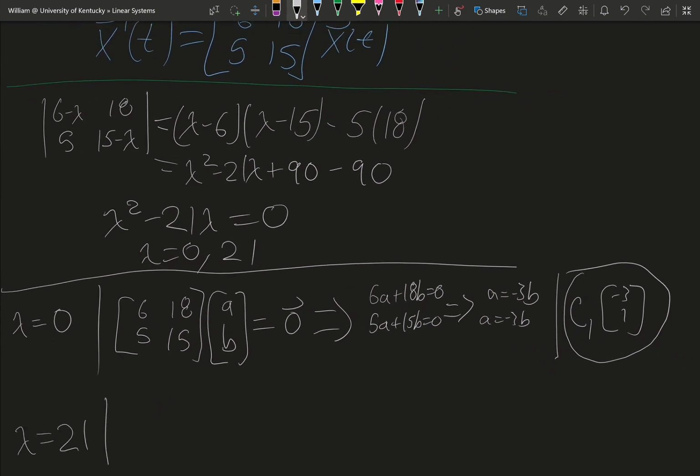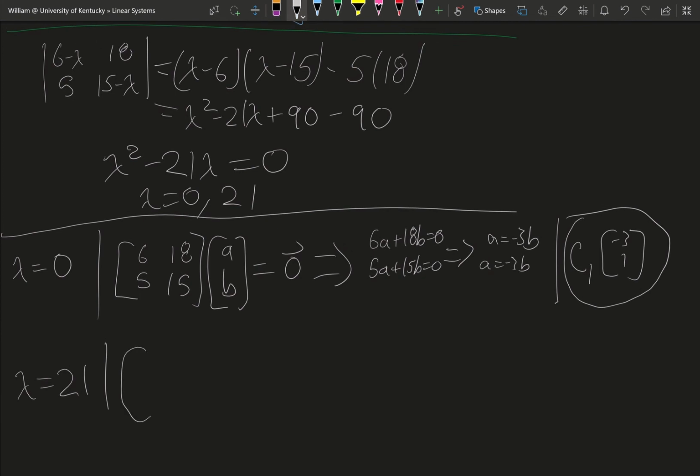All right, doing the same thing down here. 6 minus 21 is going to give me negative 15. And 15 minus 21 is going to give me negative 6.